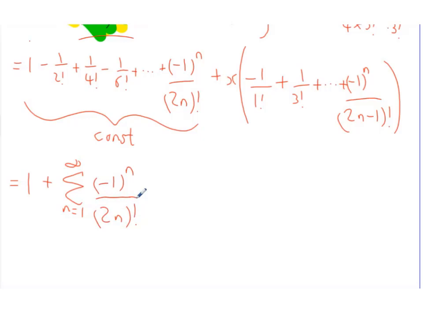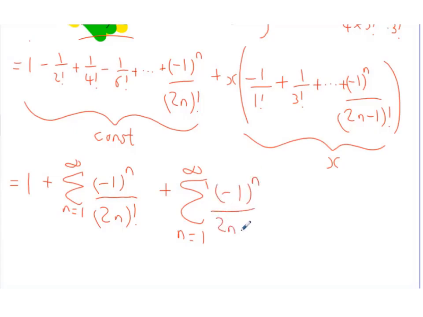So that's the constant bit, plus I'll put the x in near the sigma bit. So now I want to define this sequence here for the x part, which is going to be the sum from n equals 1 to infinity of minus 1 to the power n over 2n minus 1 factorial, and don't forget the x.